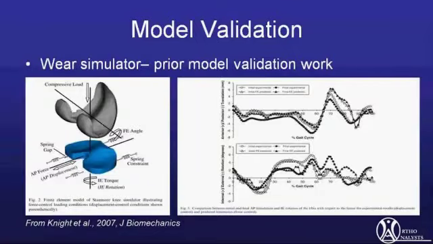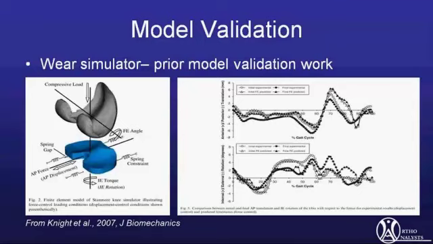Thanks. So I thought I'd highlight a few publications that are quite relevant. This one is from Knight in Journal of Biomechanics. It is a simulation of the Stanmore knee wear simulator. You can see the schematic on the left. It just has the implant components.